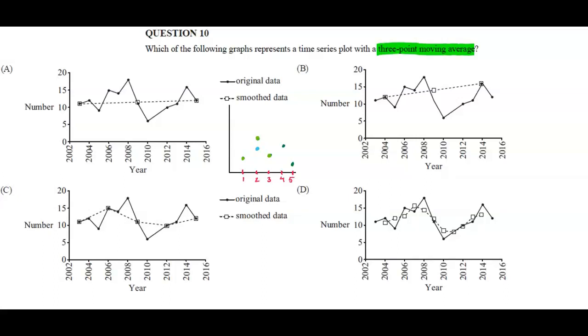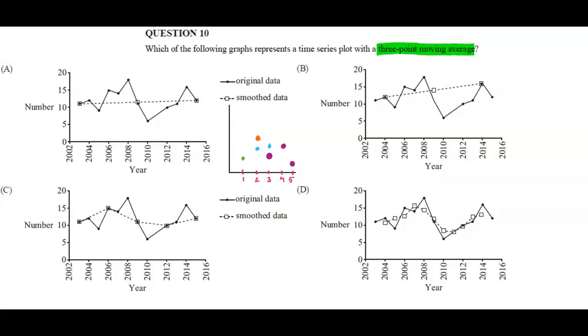Next, I would add my second point, third point, fourth point together, divide them by 3, and write that answer in position 3. And finally, I would take the third point, fourth point, and fifth point.